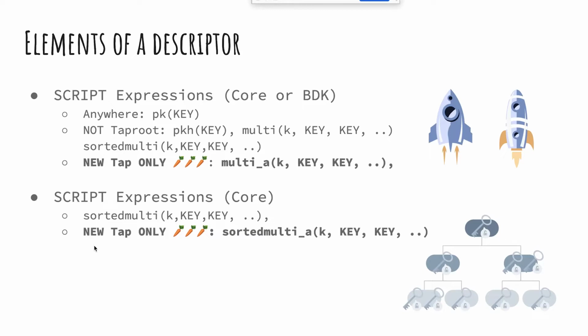So, yeah. Essentially, dumb question, but with these descriptors, are you committing to being allowed to spend any arbitrary branch in the tap script, or is it only a single branch that you're putting in? You're basically making scripts where you can satisfy the script with any of the branches, meeting any of the conditions. On one branch you have a key, and on the other branch you have this multi-A.